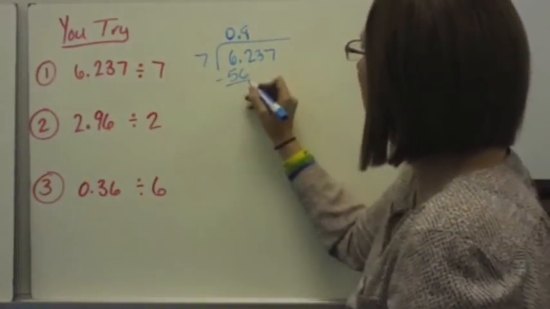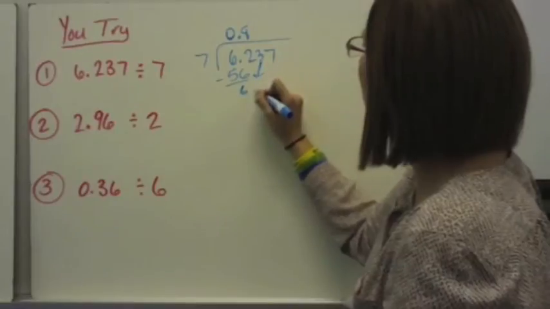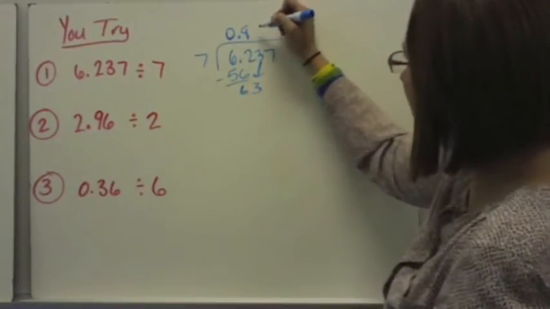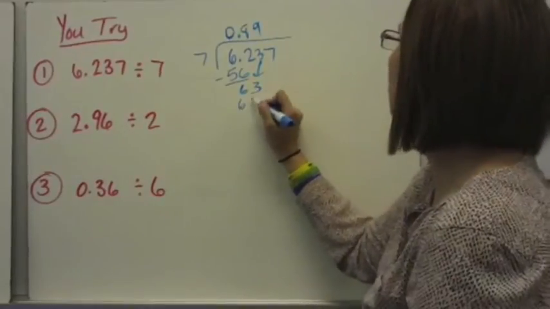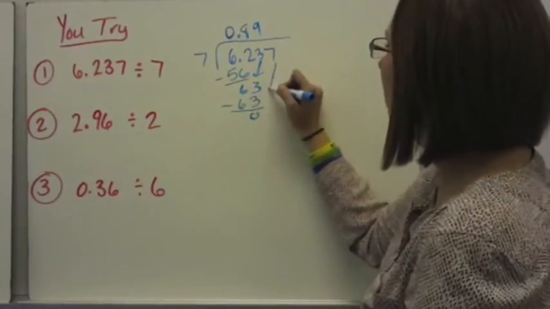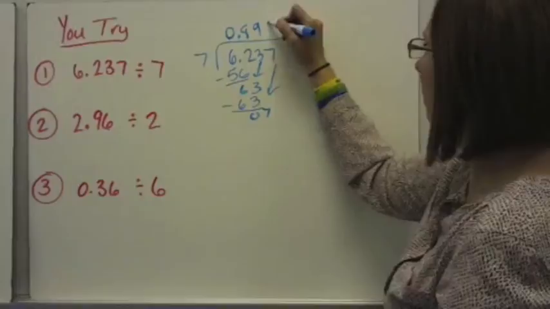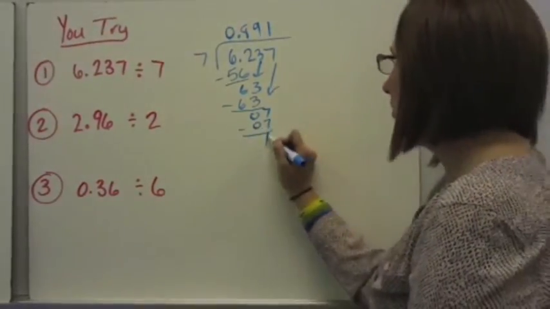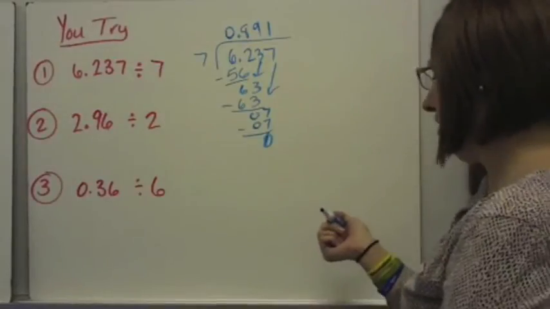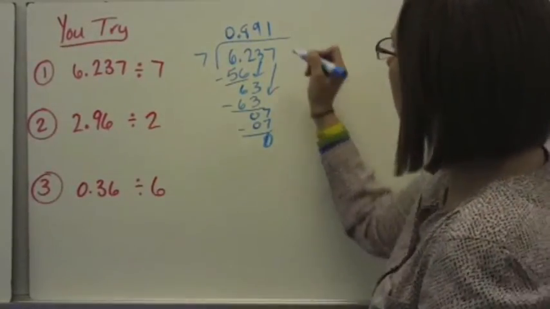I'm left with 6. And then 3. Okay, that goes in exactly 9 times because 7 times 9 is 63. But I have to bring this down, so it goes in 1. Oops. Okay, so that one's good.